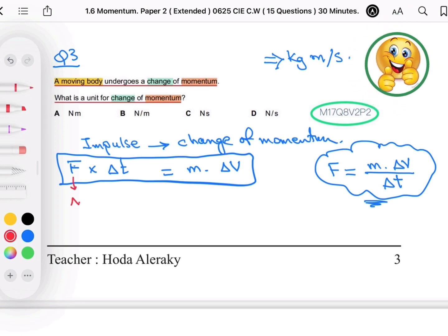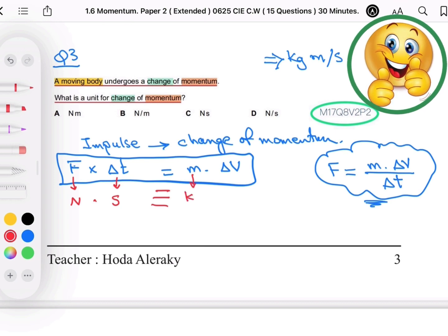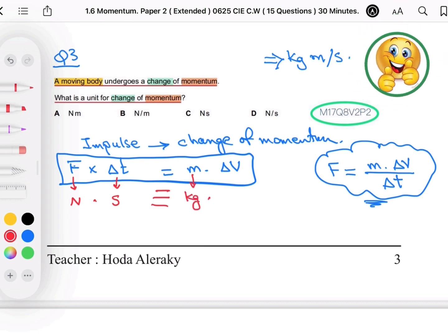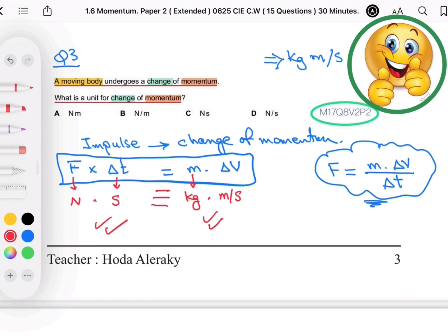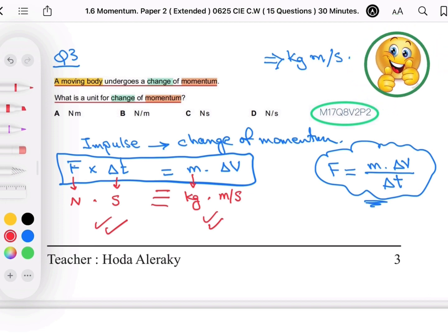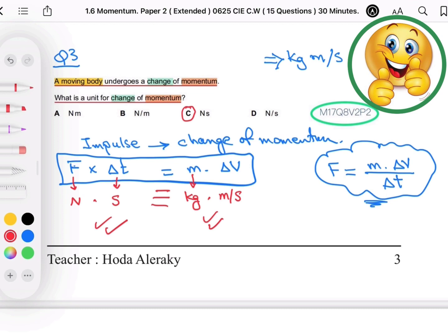Force is measured in Newton, time is measured in second, which is also equivalent to mass in kilogram times delta V, change in velocity, in meter per second. So these two units are correct units for measuring impulse or change in momentum. Is it clear? So the correct answer for this one will be Newton second.